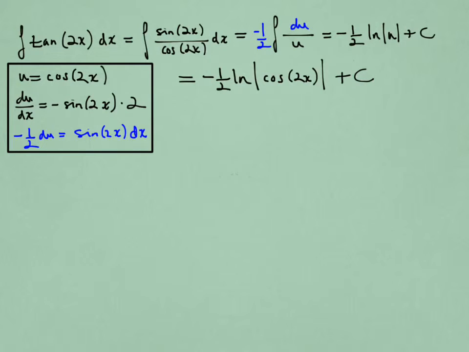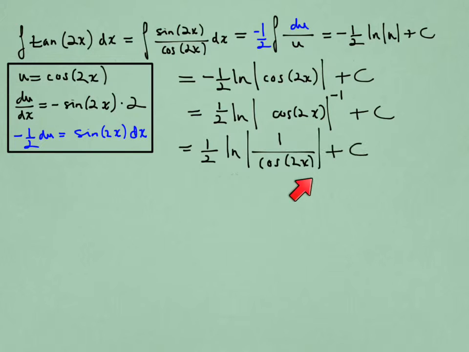I just want to show you maybe some different ways of writing this, more as review. For instance, that negative in front can be thought of as a -1 exponent inside the logarithm. And a -1 power really means reciprocal. The reciprocal of cosine is a familiar function to us.